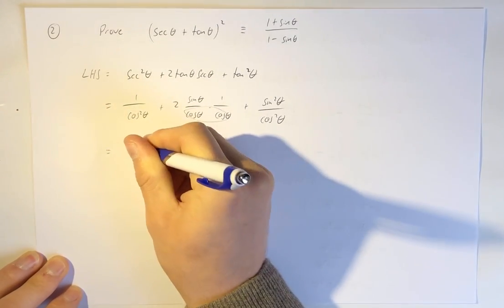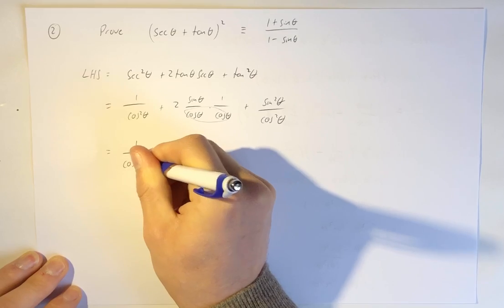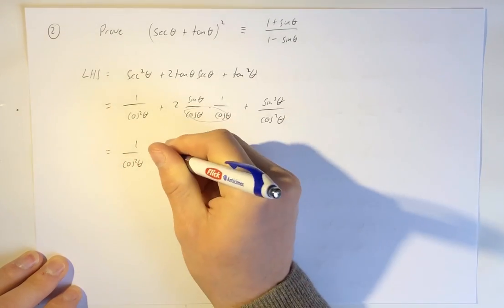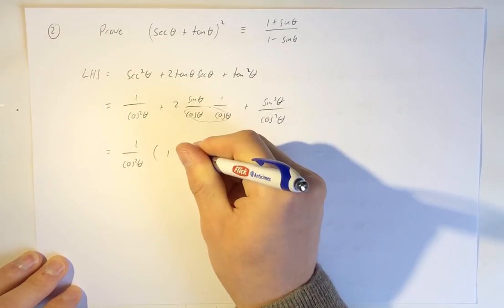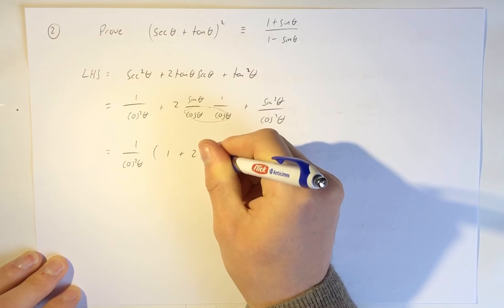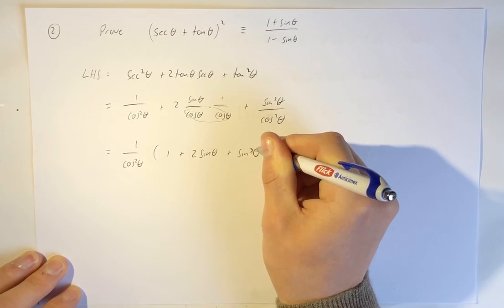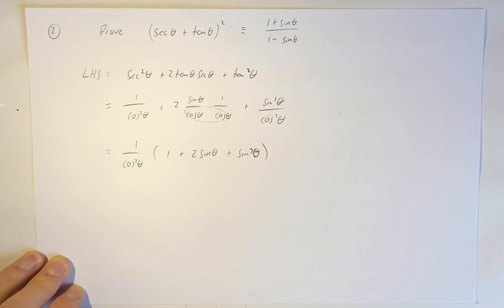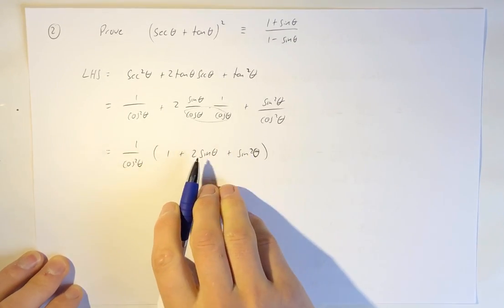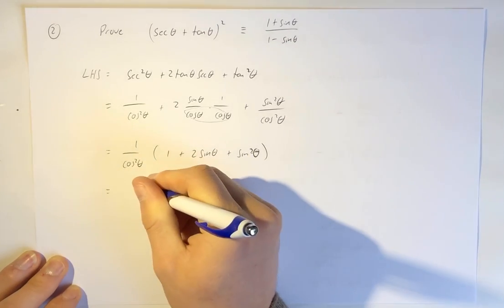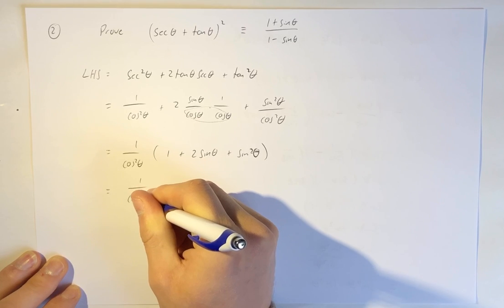So let's bring that out. 1 over cosine squared. What's left on the inside is 1 plus 2 sine theta plus sine squared theta. And that looks a lot to me like a quadratic. A squared, A, constant. So let's factorize it like it is a quadratic.